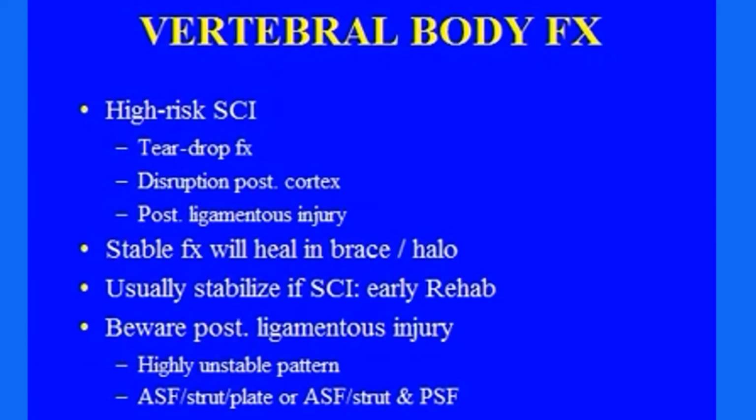A stable fracture will heal in a brace or a halo, usually stabilize if spinal cord injury with early rehabilitation. Beware of posterior ligamentous injury. These are highly unstable patterns. Anterior spinal fusion, strut plate, or anterior spinal fusion with strut and posterior spinal fusion combined.